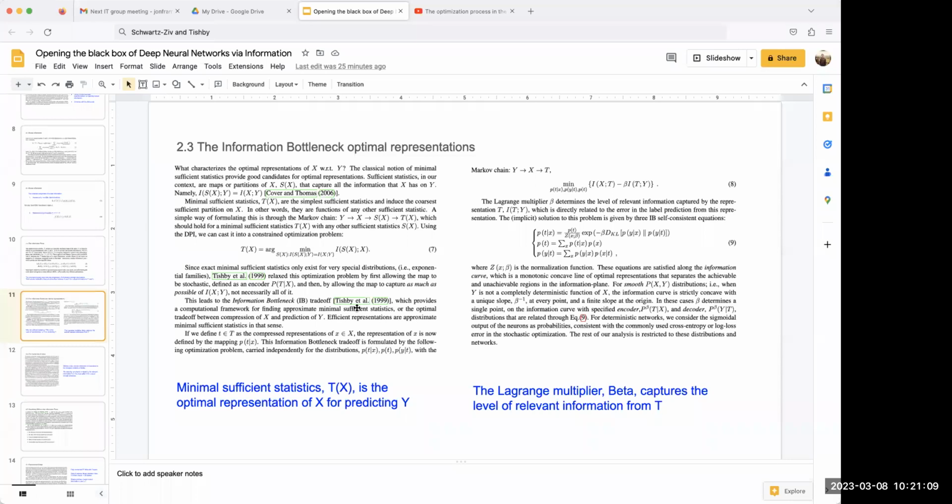And these can be solved for a normal distribution, or actually any distribution that is in an exponential family. You can solve for the sufficient statistics.